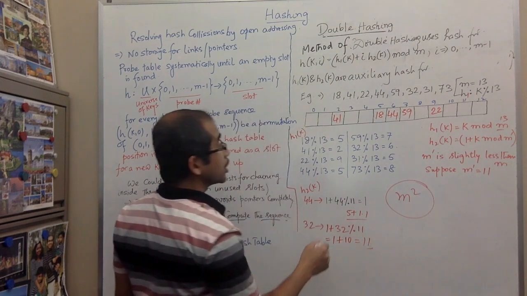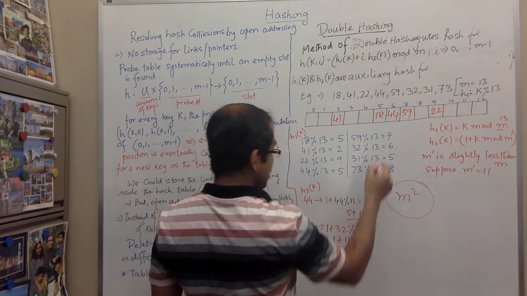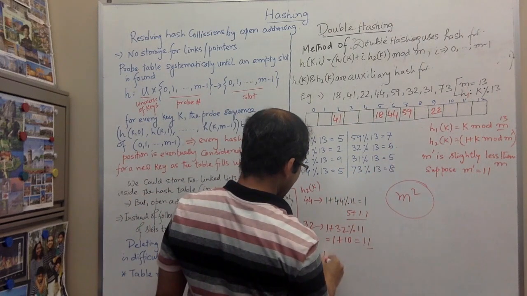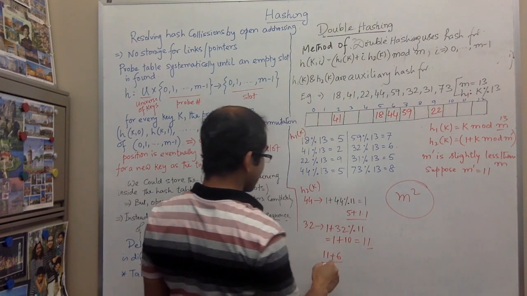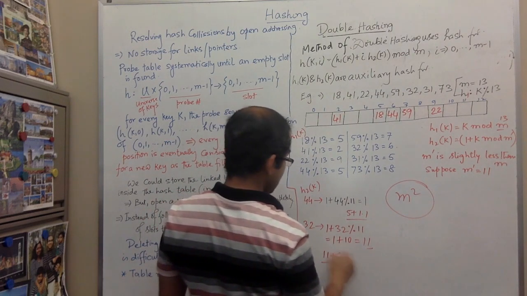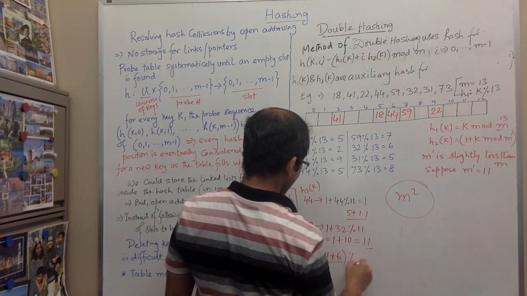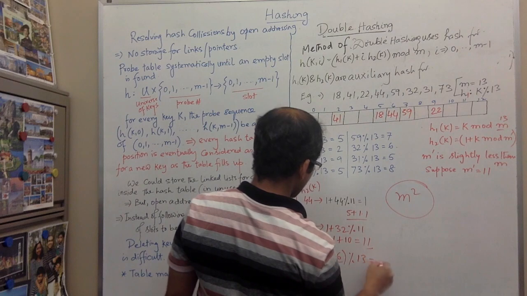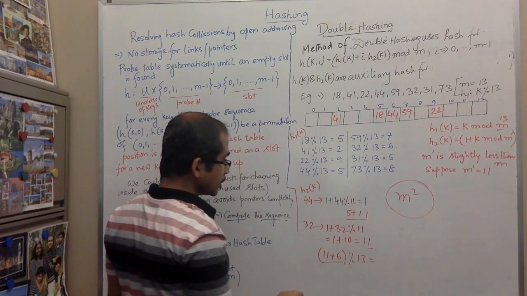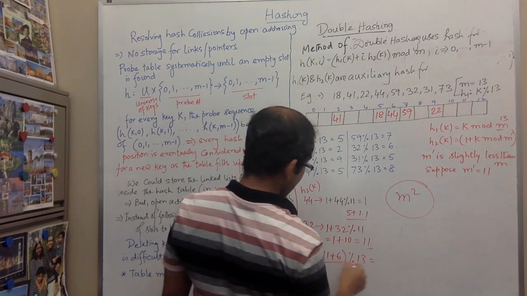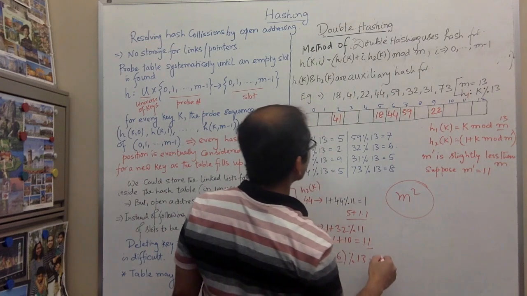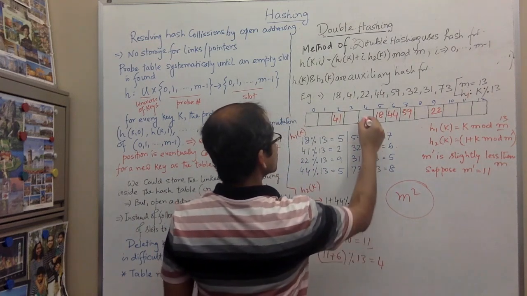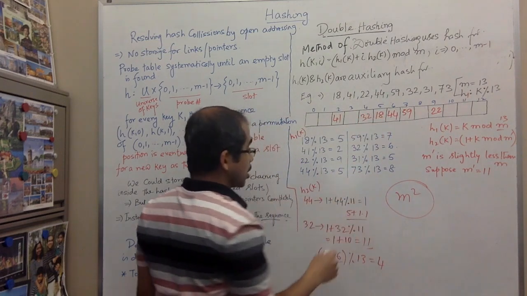The initial value was 6, so 6 plus 11 is 17, mod m, that is mod 13. So 17 mod 13 is 4. Okay, so 32 will go to position 4. I hope you are understanding.